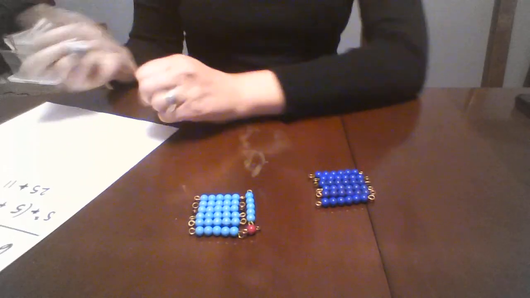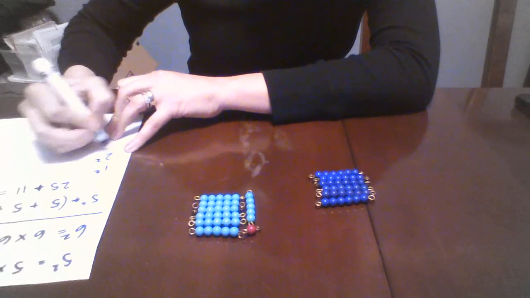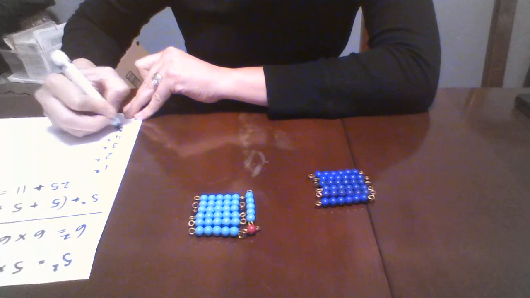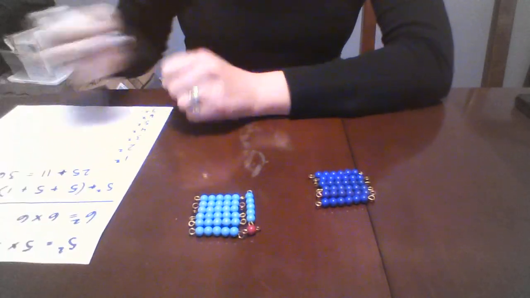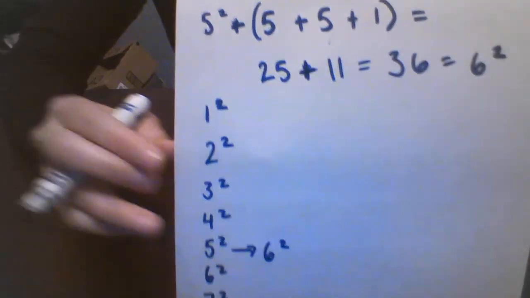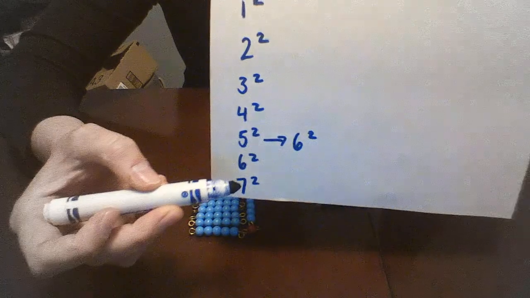Okay? So what I would like you to do is, on your paper, write from 1 squared to 10 squared. Now, like I said, I can only fit up to 7 on my paper.